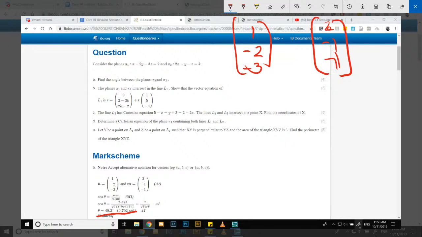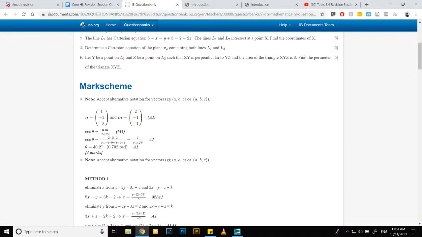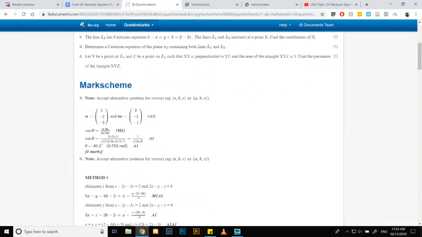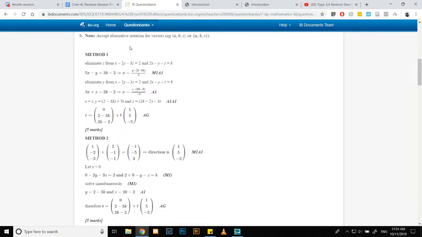So the vector equation is this over here. The way they do that is by converting it into a different form.